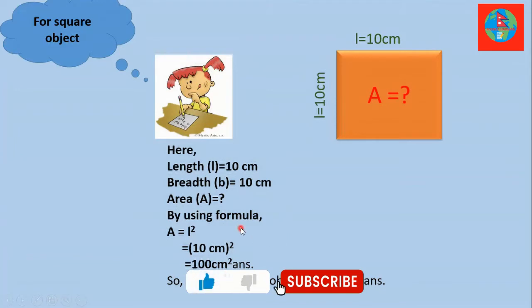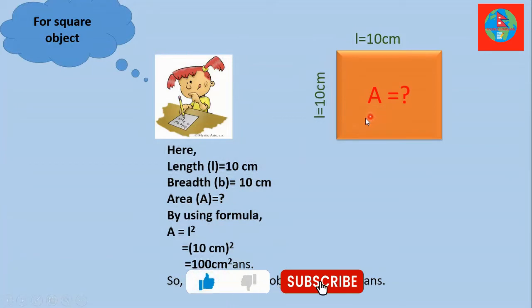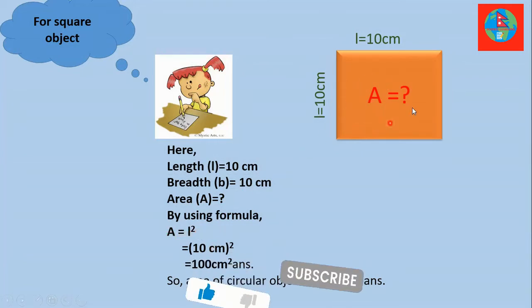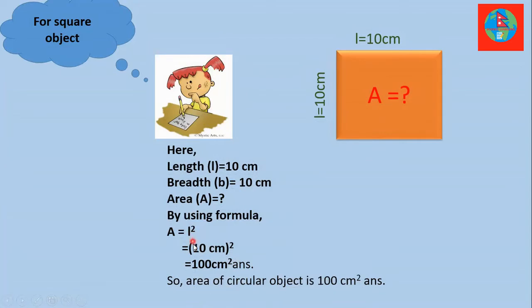Here we also find the area of this object, so we use A is equal to L square. A is equal to L square is the formula of the square object.